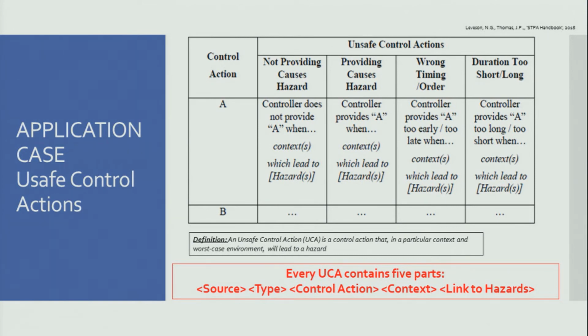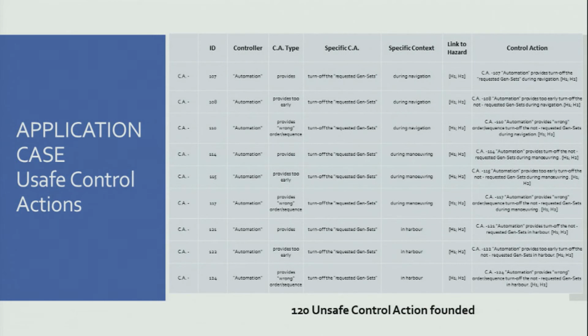So the unsafe control action is a control action that in a particular context and worst-case environment will lead to a hazard, and it is every time made with this structure. And this is the reason why the generation of these unsafe control actions is very automatic.